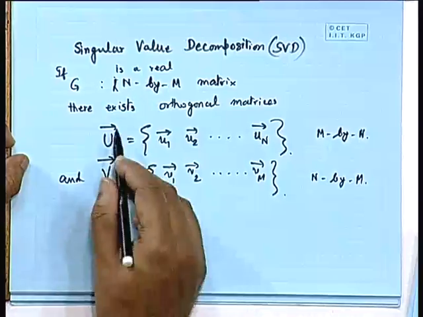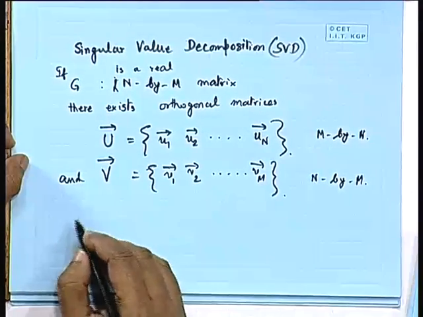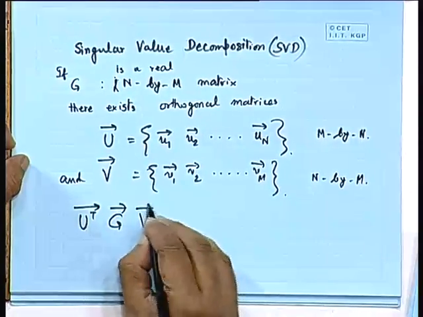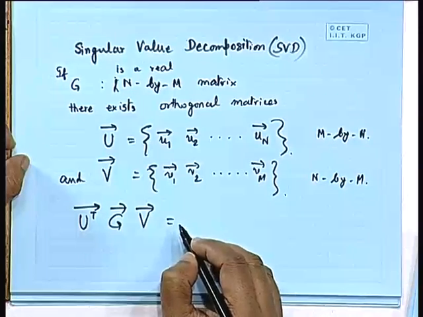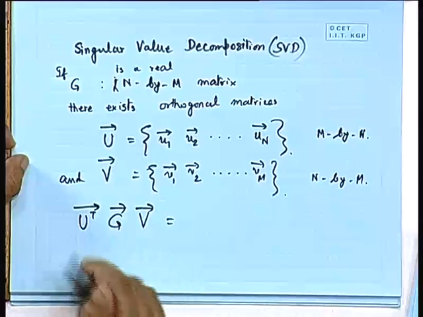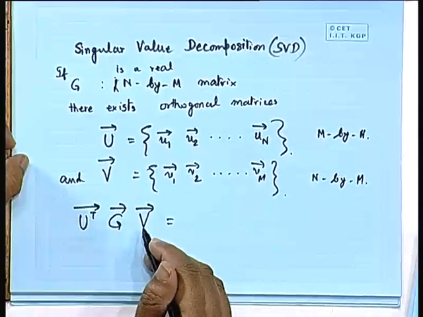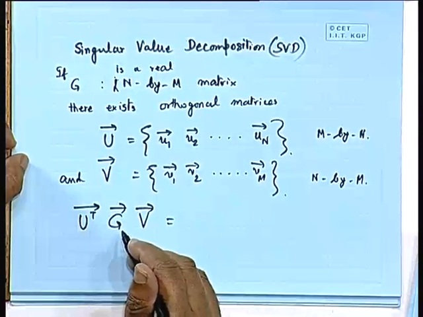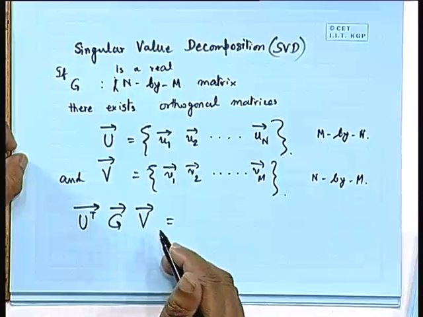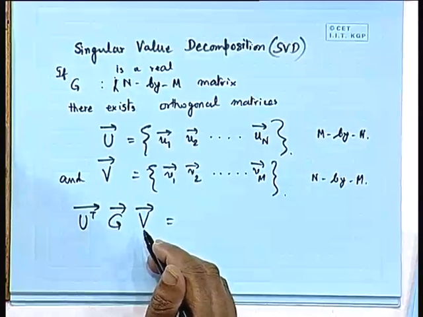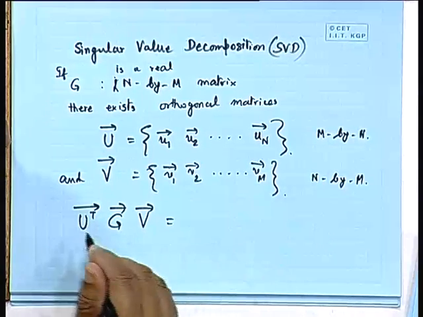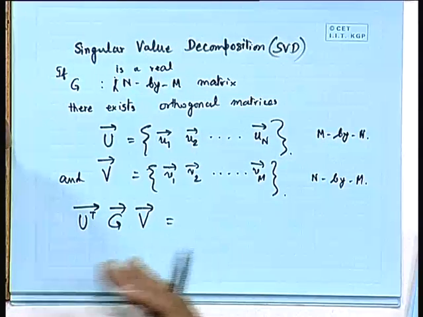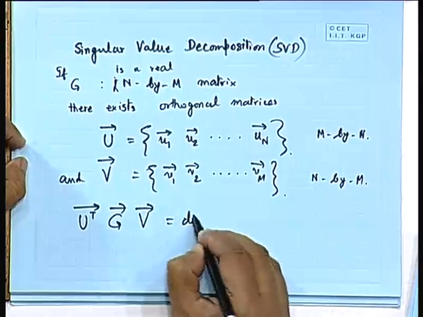Because it is possible to find U and V such that U transpose G V diagonalizes G, by pre-multiplication with U transpose and post-multiplication with V. The resulting diagonal elements are referred to as singular values.